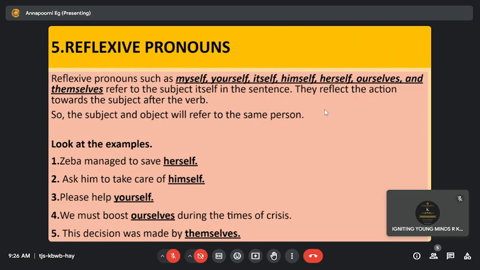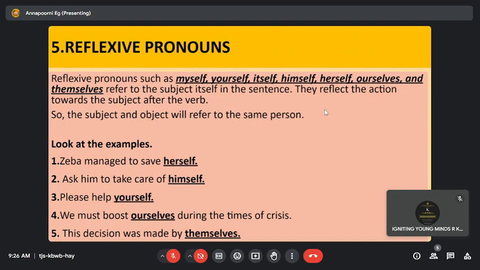I did my work, or I completed my work myself. So myself and I both are the same, है ना? Both are talking about the same person. Similarly, you should do this yourself. आप ही इस वर्क को कंप्लीट करना चाहिए. Nobody will help you. So again, that you and yourself denote the same person.